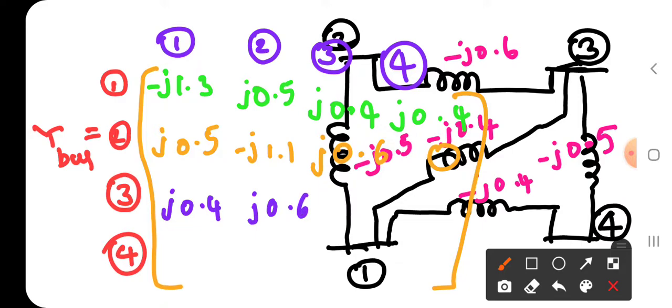Yes, what are the various elements connected? 0.6, 0.5 and 0.4, that is 1.5. That is minus J 1.5. Okay, next 3 4, it is J 0.5.